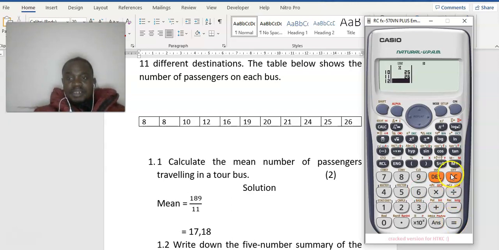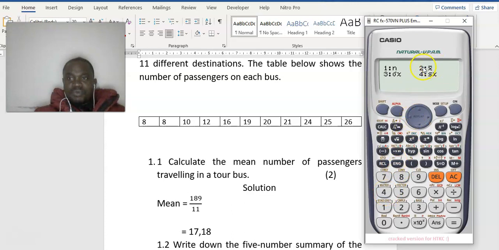When you are done, press the AC, then you move to shift, then start. Remember the yellow button, because of this color it controls the yellow buttons. So start. What do I want? I want variance, which is 4. I want mean.